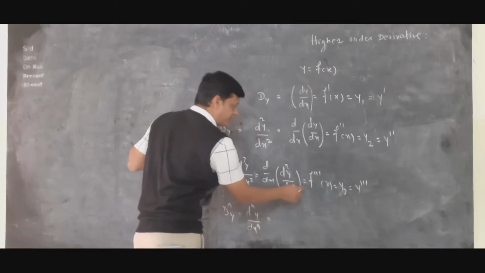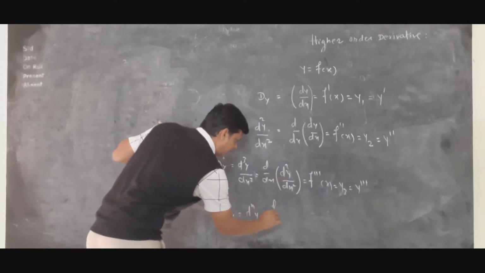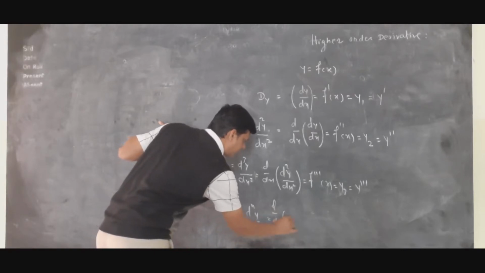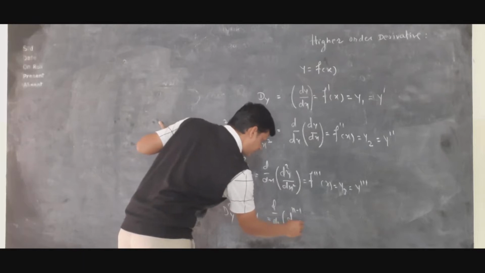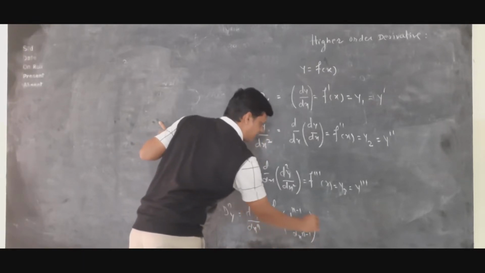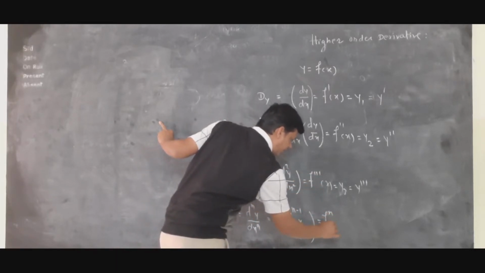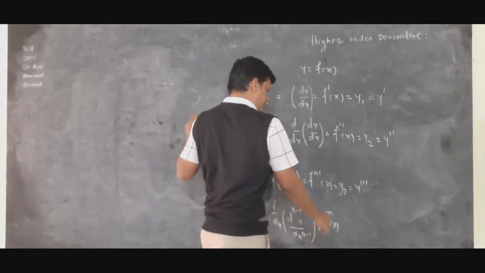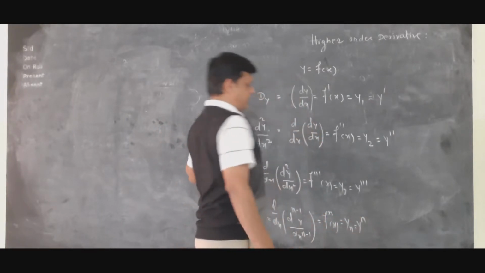Here you can write d by dx of d n minus 1 y by dx n minus 1, and this f triple dash we write fn of x. We write yn, y raised to the power n.